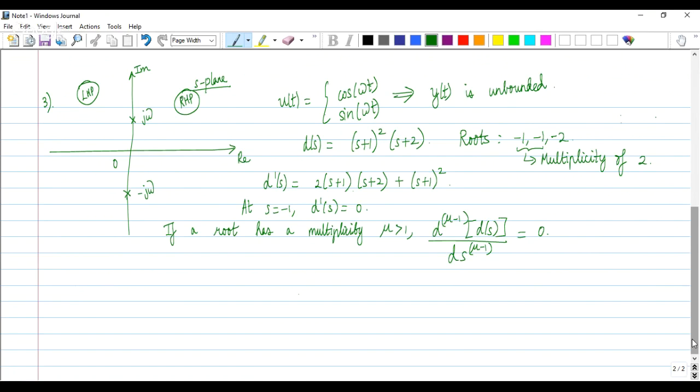Then another question was about linear time invariant systems and ODEs. Please note that in general, the governing equation for the class of systems that we are looking at is a linear ODE with constant coefficients, right? So this is how it comes up.